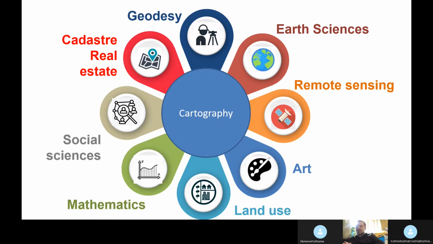Cartography has connections with geodesy because all the geodetic data is one of the most important parts of any map, because we have projection and understanding the mathematical law, how we can put all the features from the round Earth's surface on a flat map.